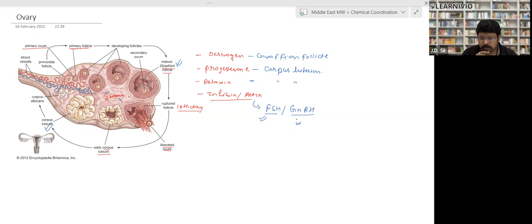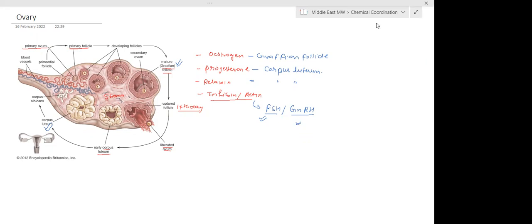So this was all about the glands, and the last thing is the mechanism of hormone action, right? Sir, can you repeat from FSH and GnRH?